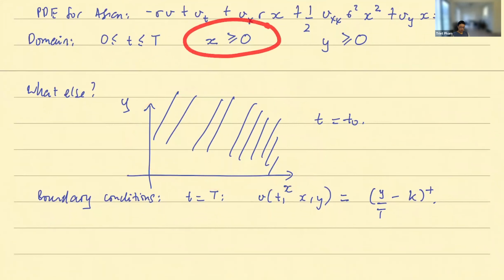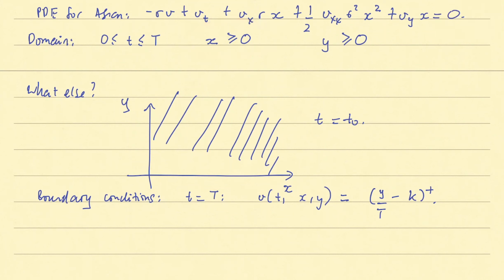What's the boundary for x? I think the boundary is at x equals 0. I'm not sure if little v would equal 0 at the boundary.